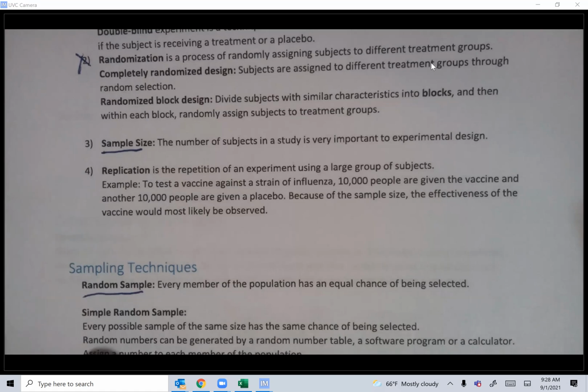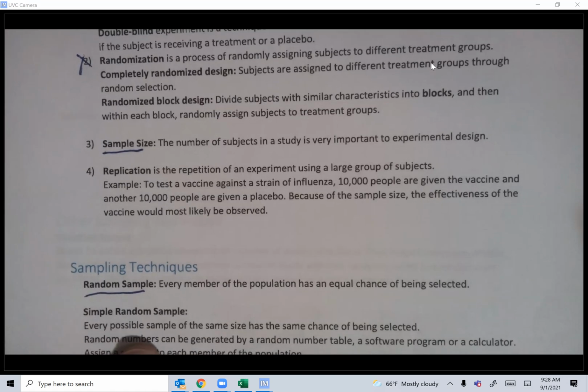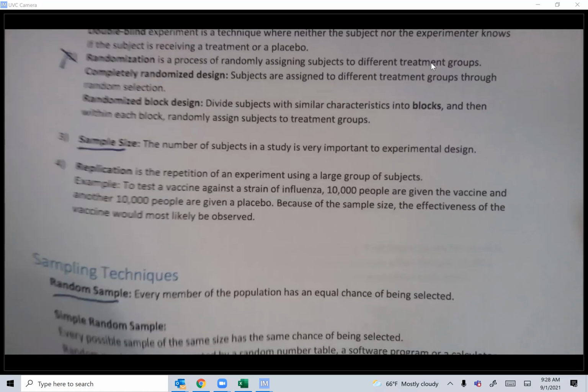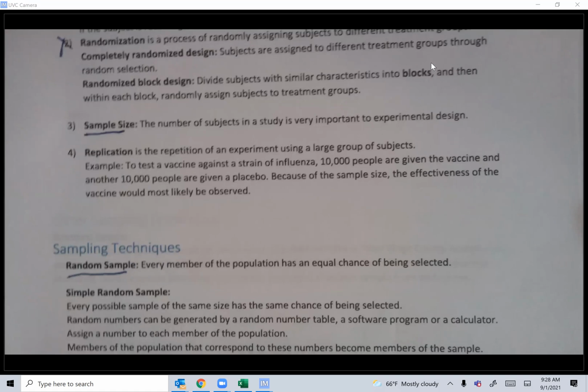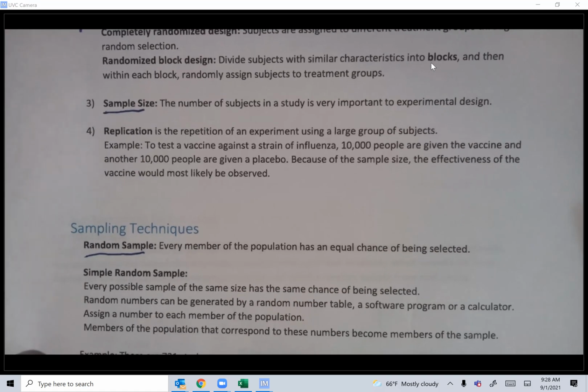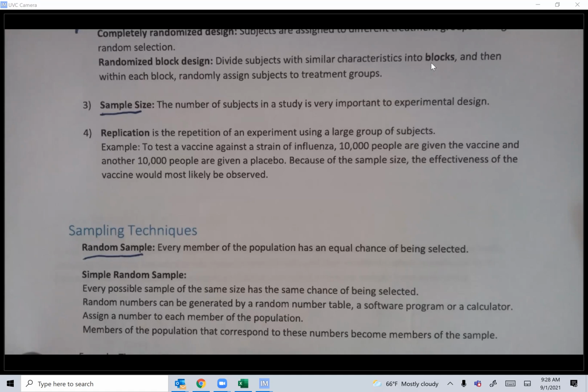We defined a simple random sample to be every possible sample of the same size has the same chance of being selected. Now I'm going to show you some traditional ways of collecting data using tables.